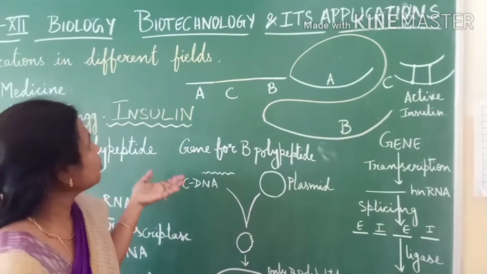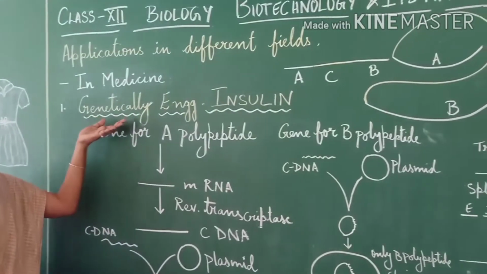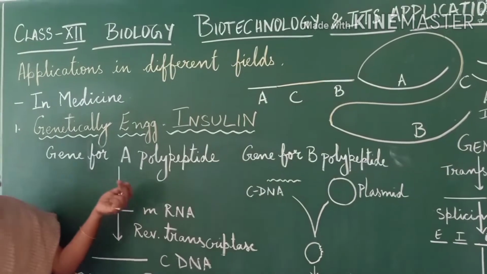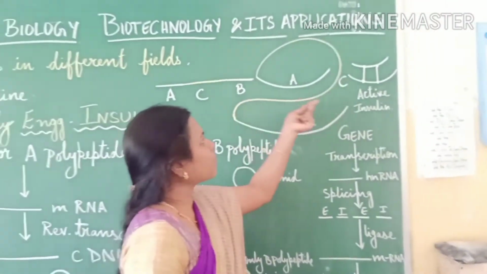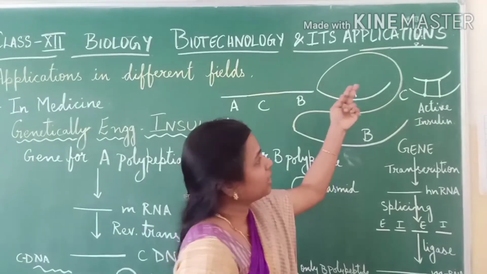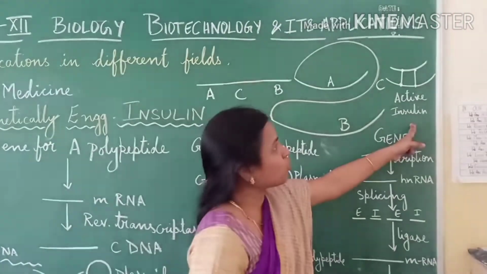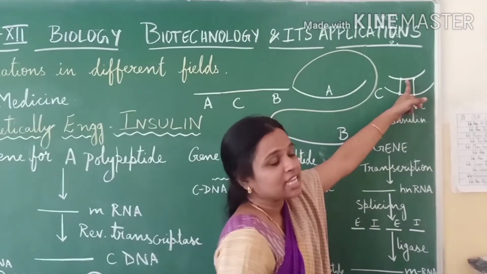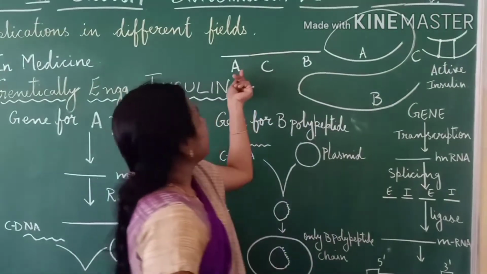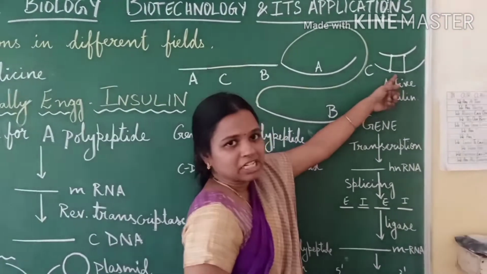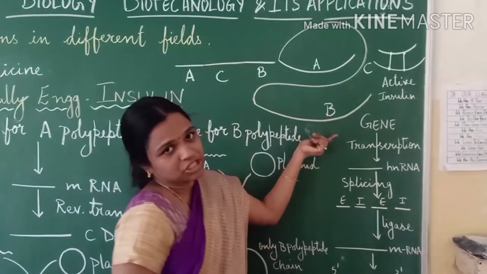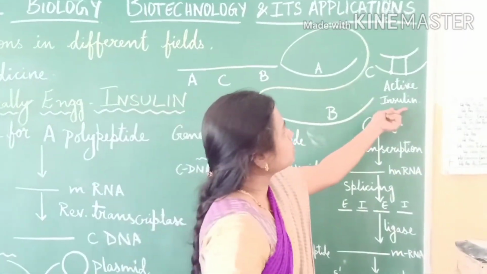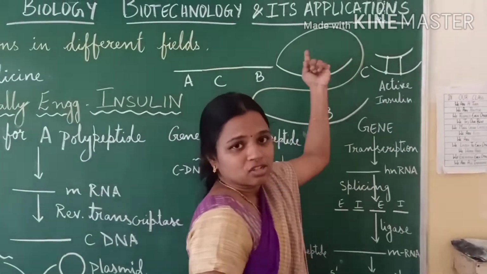Now we will see how insulin has been produced by this genetic engineering process. Scientists have observed that there is no requirement of the C chain in the active insulin. The A polypeptide chain is coded by the A gene, the B polypeptide chain by the B gene, and likewise the C polypeptide chain. But in the active insulin, the C chain is not required.